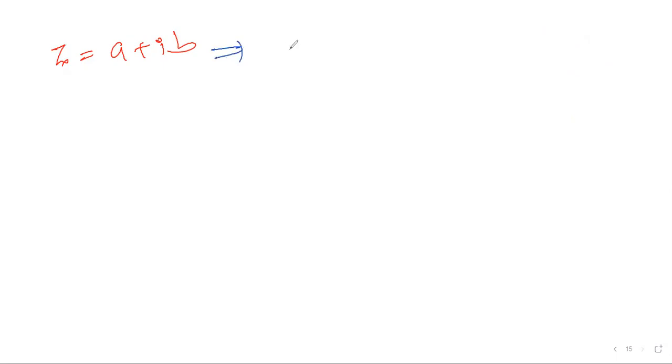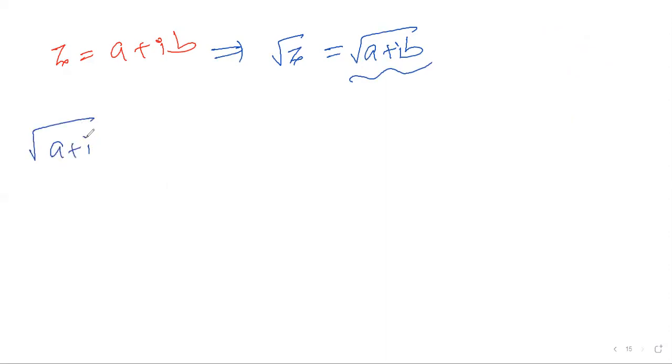Z is a complex number. How to find the square root of Z? The square root of Z is nothing but the square root of a plus ib. How to find the square root of a plus ib? I'm writing the formula directly.